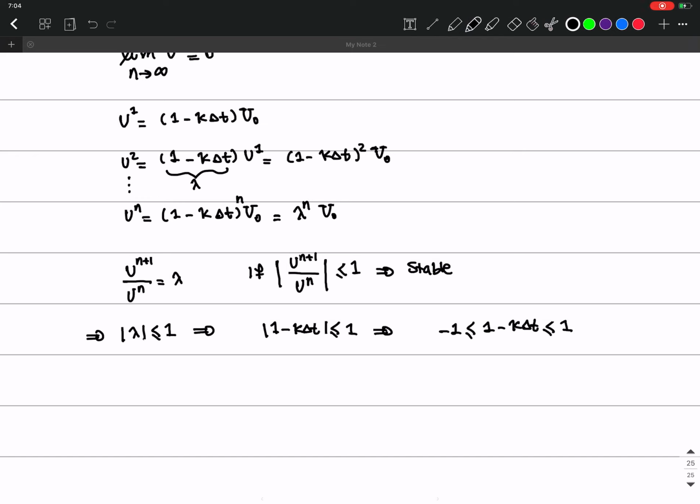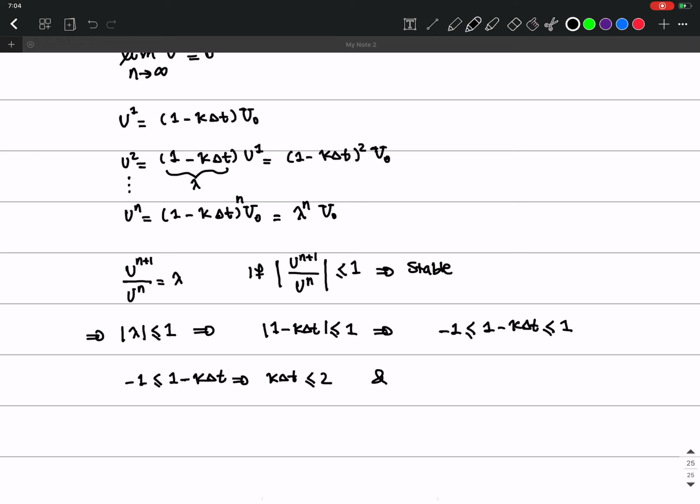So the first inequality means minus 1 should be smaller or equal to 1 minus kappa delta t. Let's see what this gives us. This gives us that kappa delta t should be smaller or equal to 2.